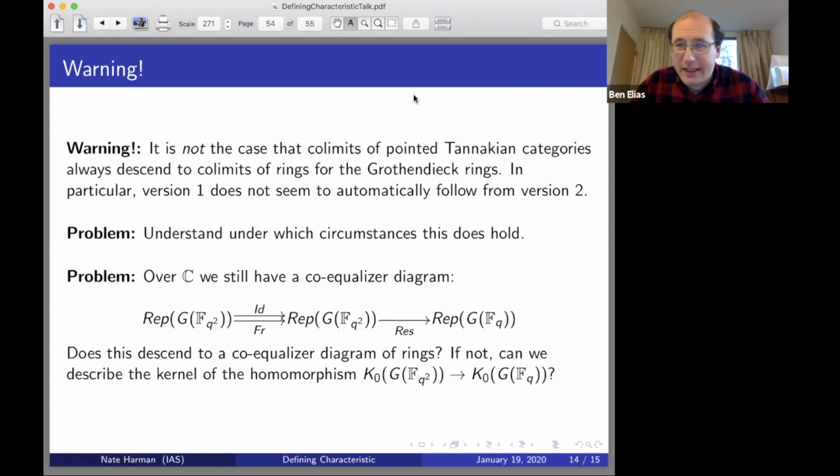I was thinking that if you have some group with an element in the center, you can force the eigenvalue to be a particular thing, maybe in this way.